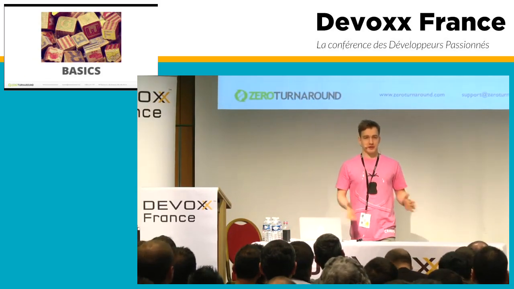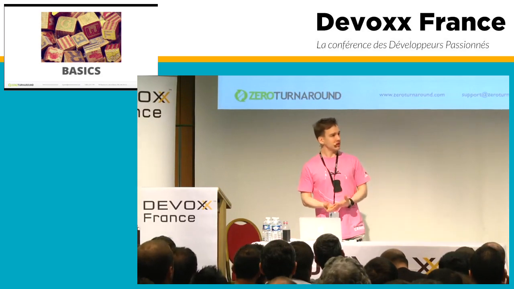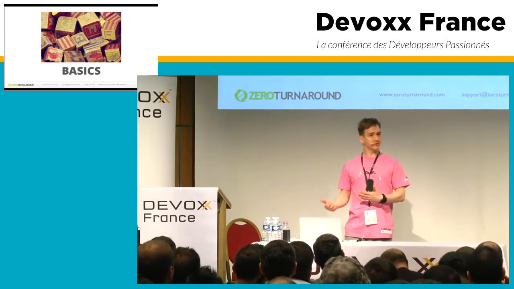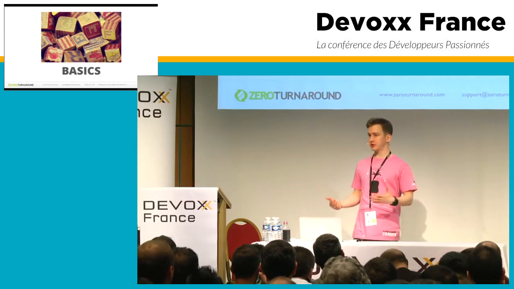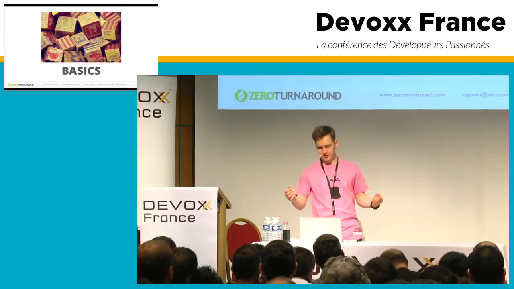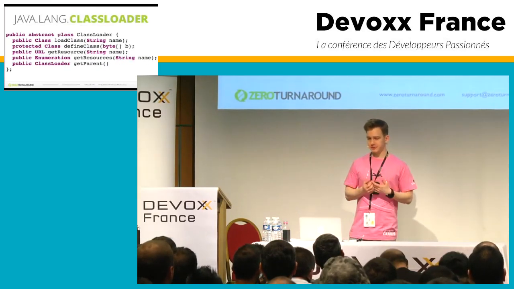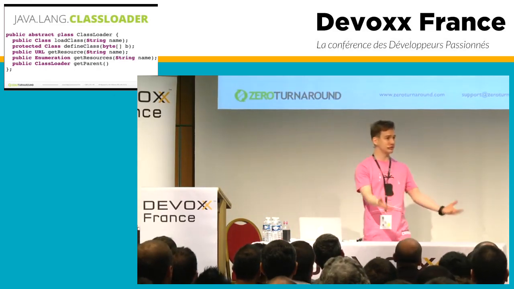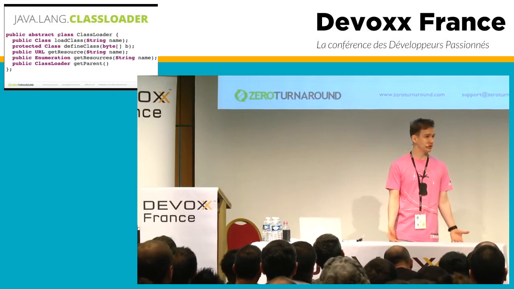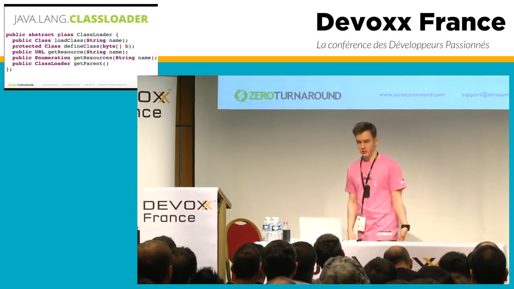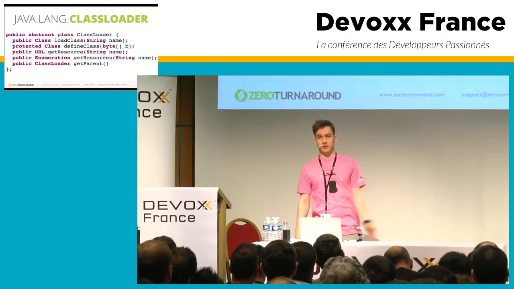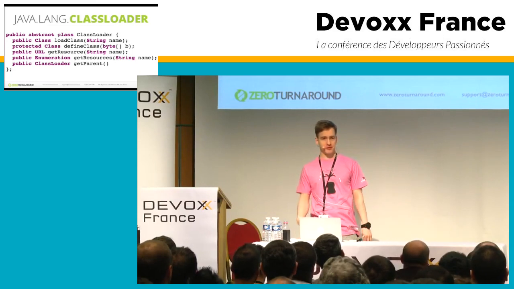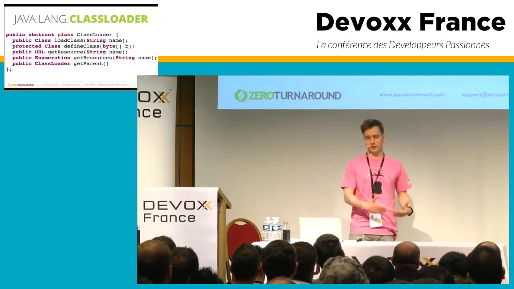So, back to basics. A class loader usually denotes either a concept or a concrete implementation in the Java world. The concept is very simple, but we start with the implementation first. It's a Java class, nothing more. It's a usual class with a surprisingly low number of public methods that you actually want to use.